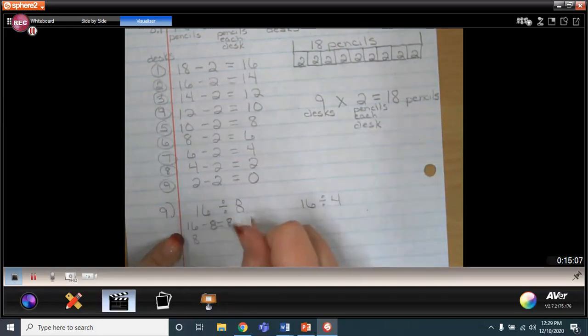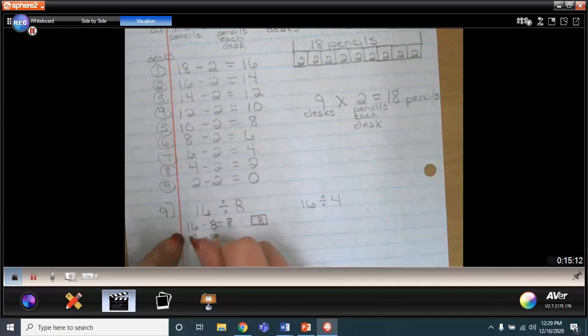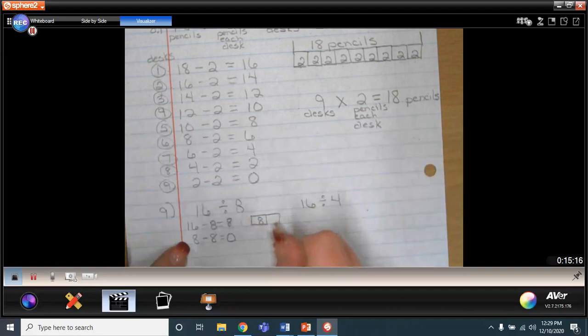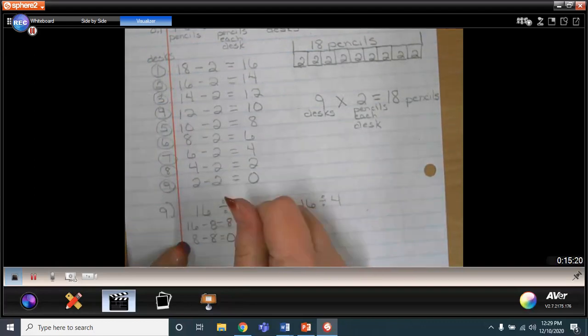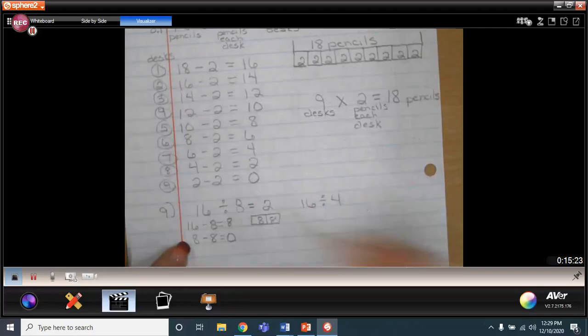That's correct. And now I'm going to take these 8 and I'm going to have 0 left. So how many shelves did he need to put these planes on? He only needed 2 shelves here.